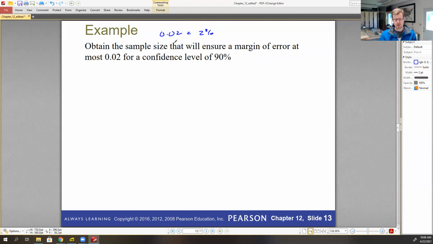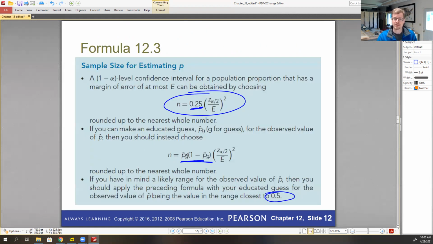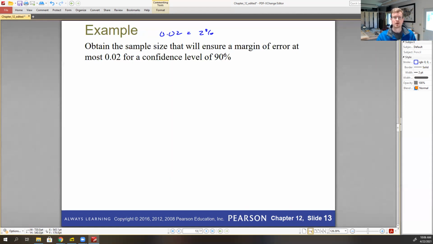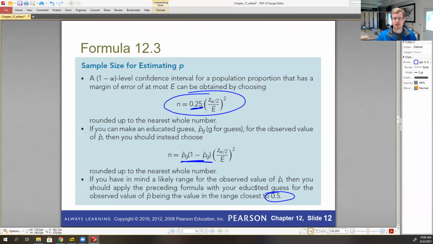Well, we don't have a specification here of what we think the proportion might be. So we can't use a guess because we're not given a guess. We're not given a range of values, so we can't use the idea of using the value closest to 1/2. We would have to use this formula here.